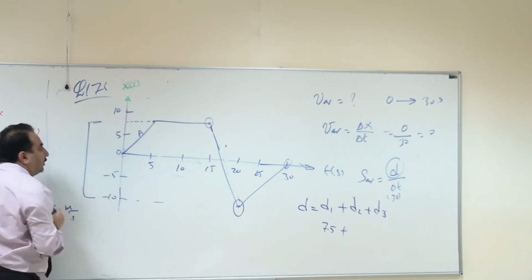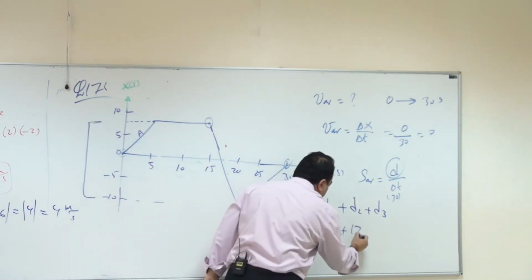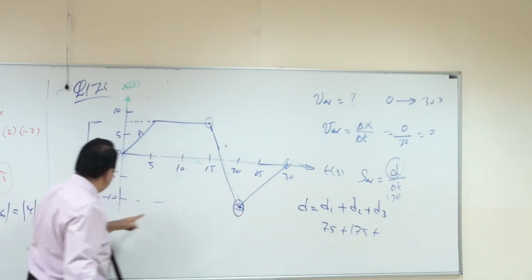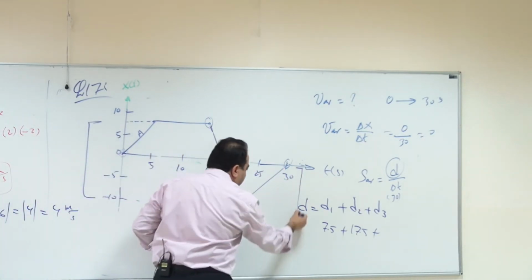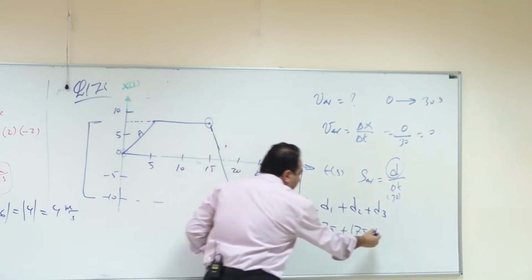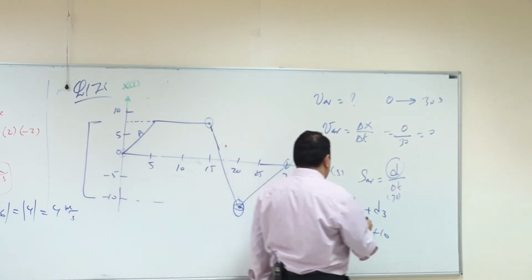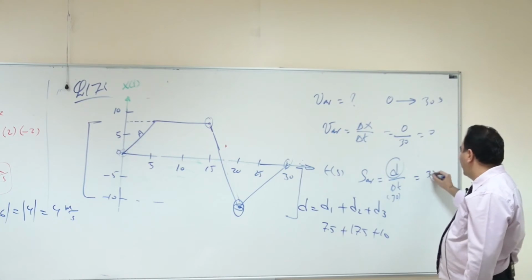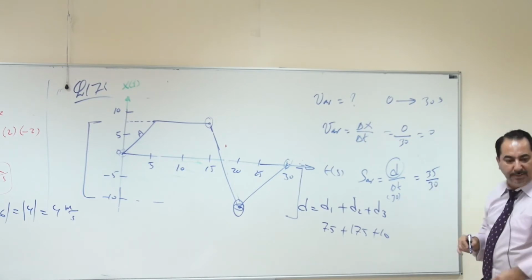From here to there, absolute value, how much is it? 17.5. Plus, you are here, and now you are here. So how much is this? D3, 10. Add them, it gives you the total, D. So how much is it? 35. Over the time? 30, yeah?